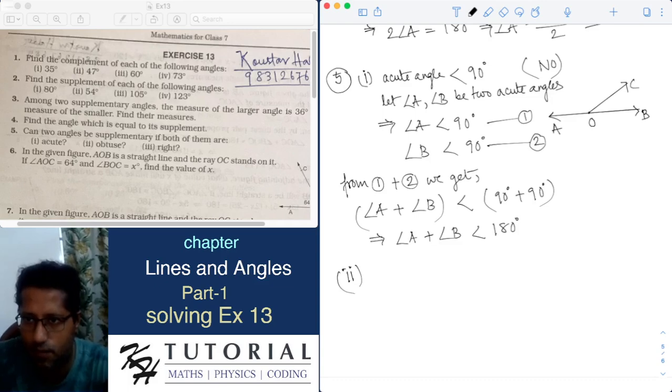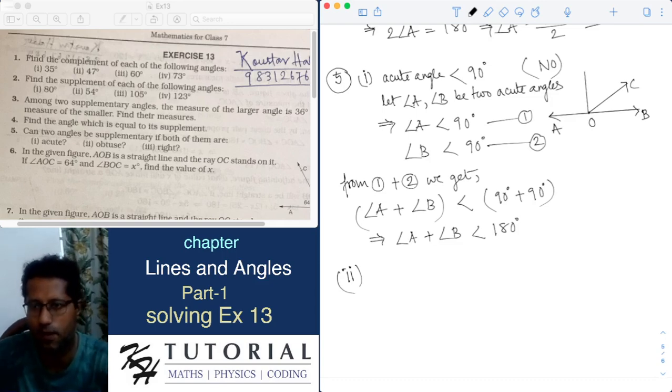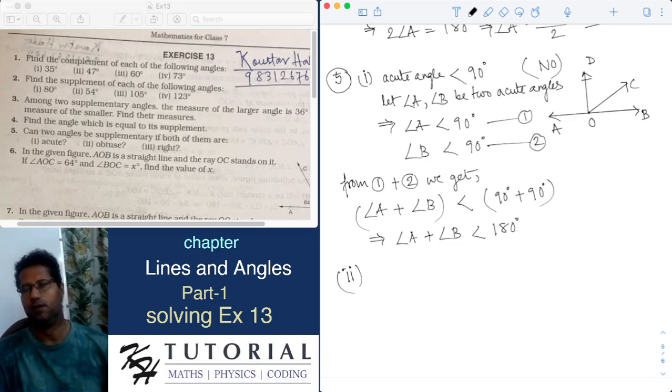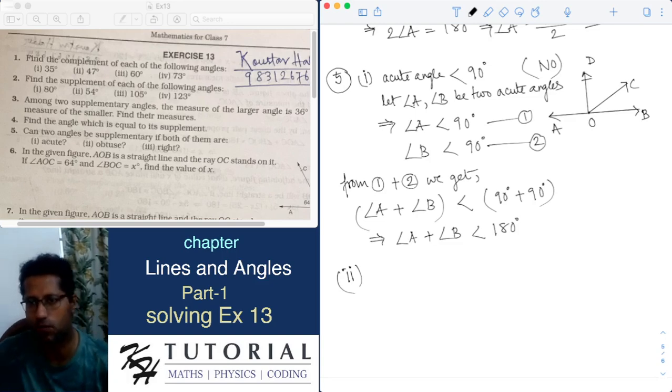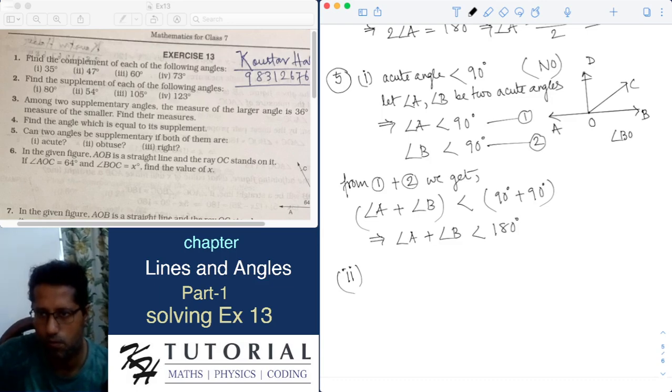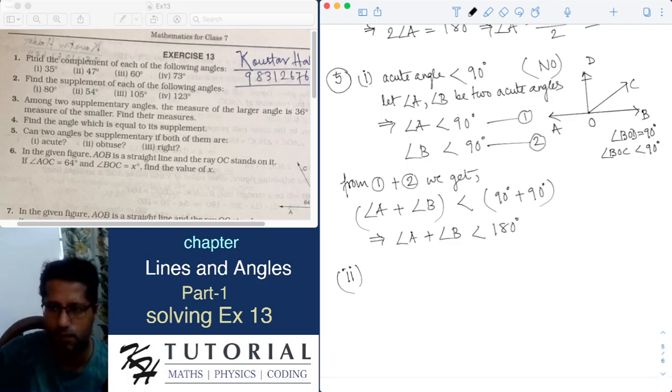And let's say this ray OD is vertical to the line AB. So angle BOD is 90 degree and angle BOC is less than 90 degree. So angle BOC is an acute angle.